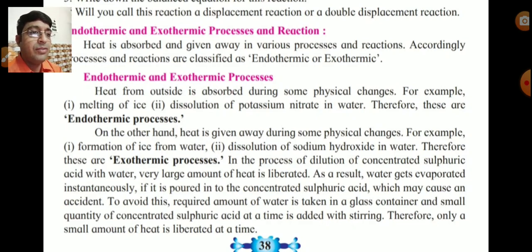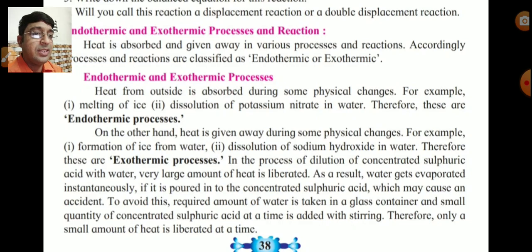In the process of dilution of concentrated sulfuric acid with water, a very large amount of heat is liberated. As a result, water gets evaporated instantaneously if it is poured into the concentrated sulfuric acid, which may cause an accident.